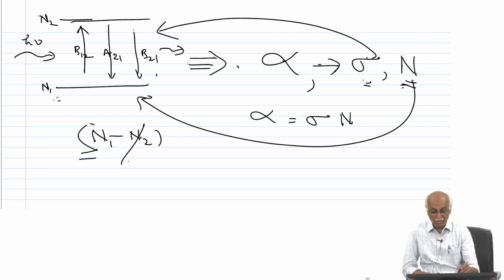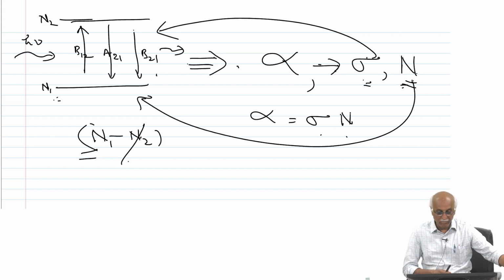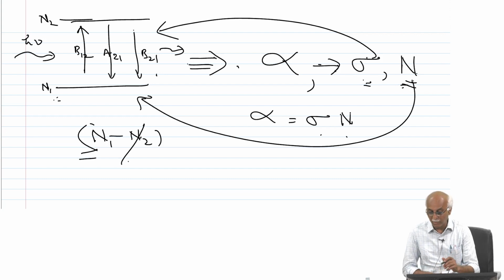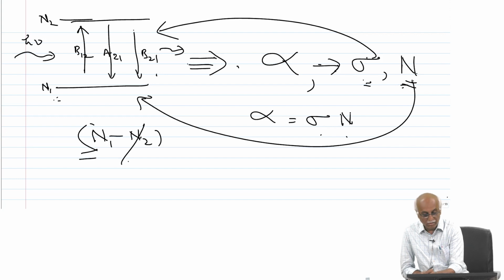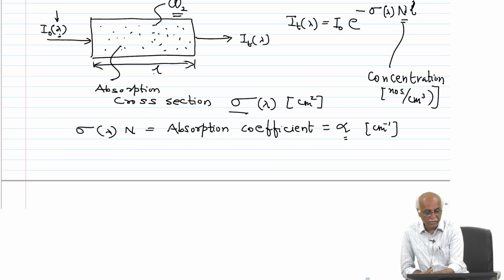So basically what I am trying to say is that this sigma into n and into the length through which the light is passing, based on the intensity measurement, we will be able to derive the absorption, or the concentration.